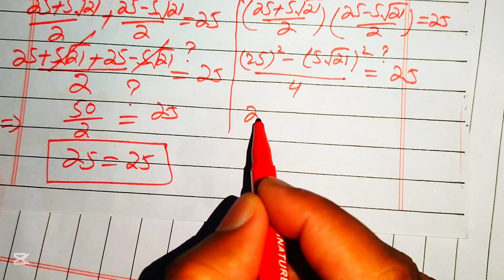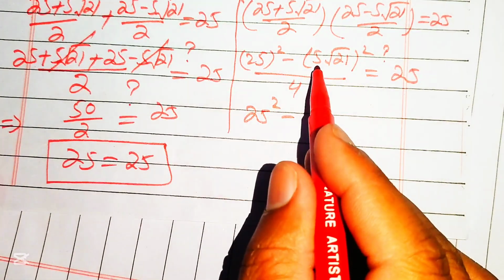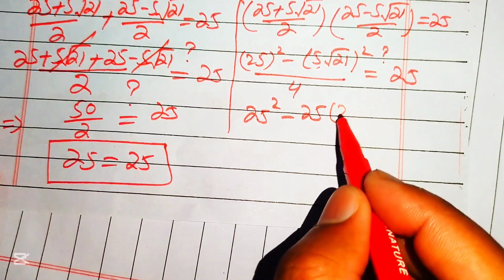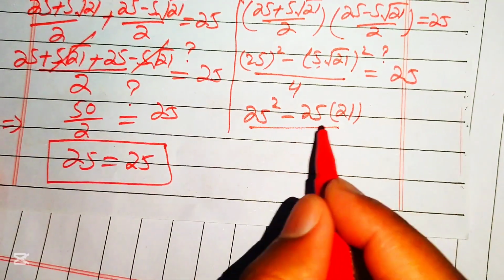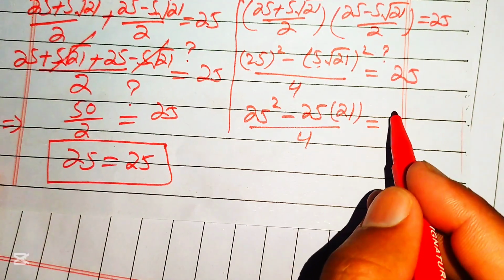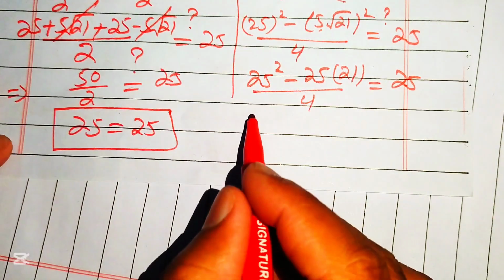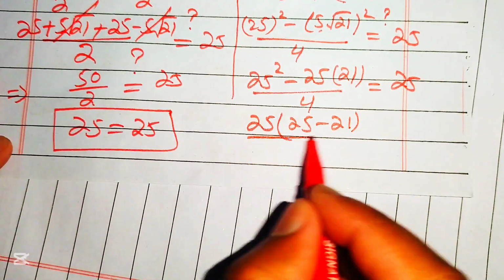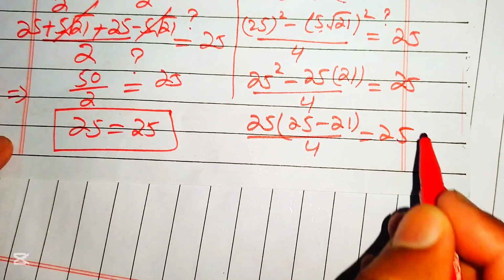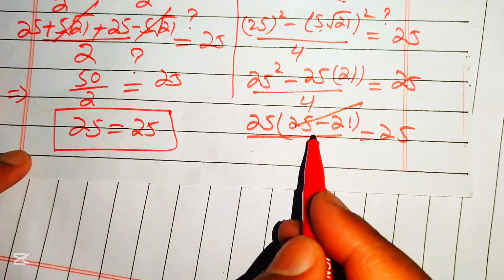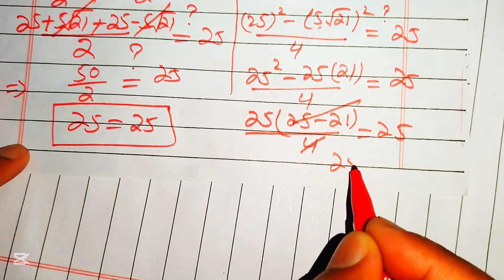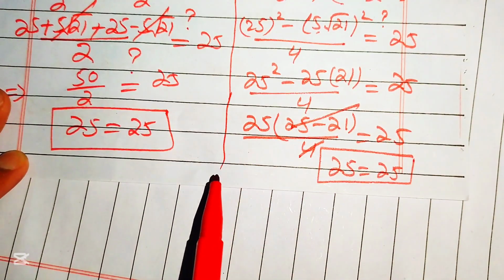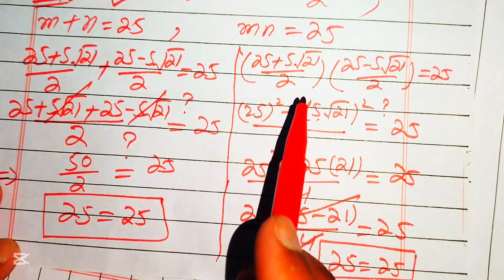So here we have 25 square minus 5 square times the square of root 21, and we know that the square and square root are gone and we get only 21 and it is divided by 4 and this is equals to 25. Here we take common 25 from the upside, and we will get here 25 minus 21 divided by 4, and it is equals to 25. So 25 minus 21 becomes 4, is cancelled out by this 4, so you get 25 equals to 25. This shows that the first solution set also satisfies the second equation as well.